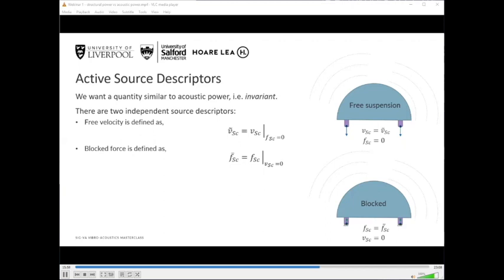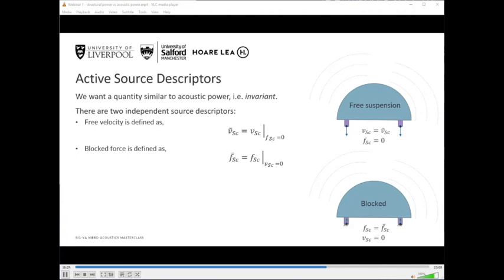For a vibration source, it turns out that there are two such quantities, the free velocity and the blocked force. The free velocity is defined as the velocity of the vibration source at its connection points when there are no external forces present. This means that the source is not attached to anything, so it's freely suspended and able to vibrate as it likes.